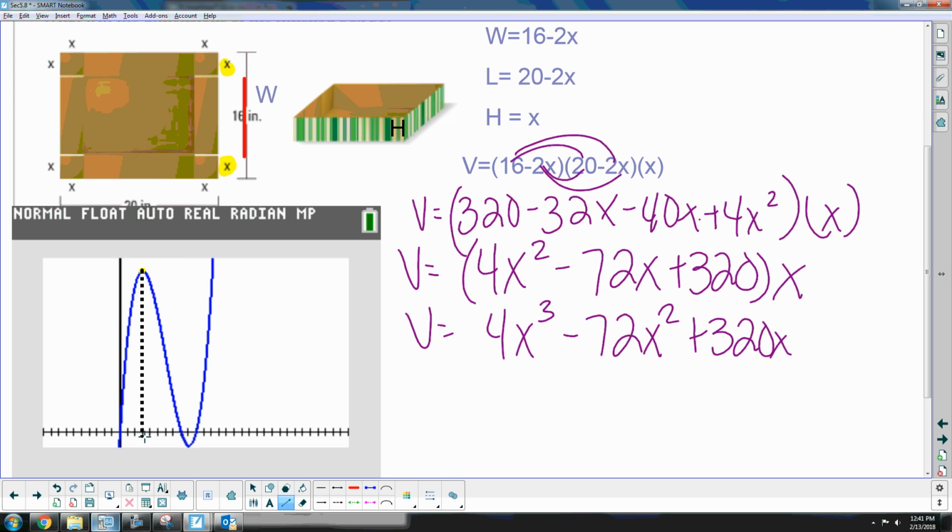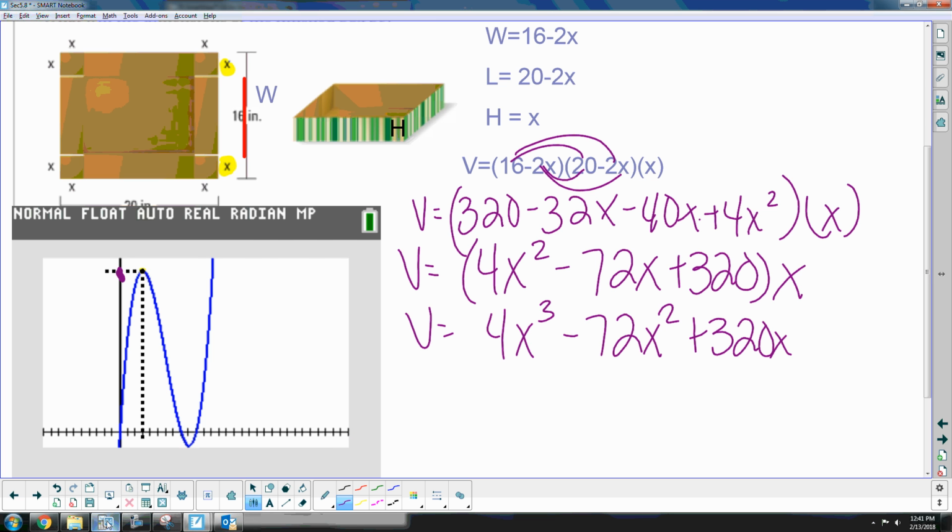Right here, it looks like it's about 3 inches. If the scale is set to 1 still on my graph, and each of those is 1 inch, it looks like my x value is going to be about 3 inches. Now you can't really see my scale here for my y values, but whatever this y value is right here, that's going to be my volume.